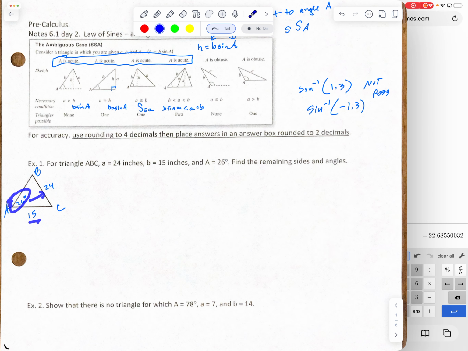And it will be approximated. And for angle C, it comes out 138.09865.